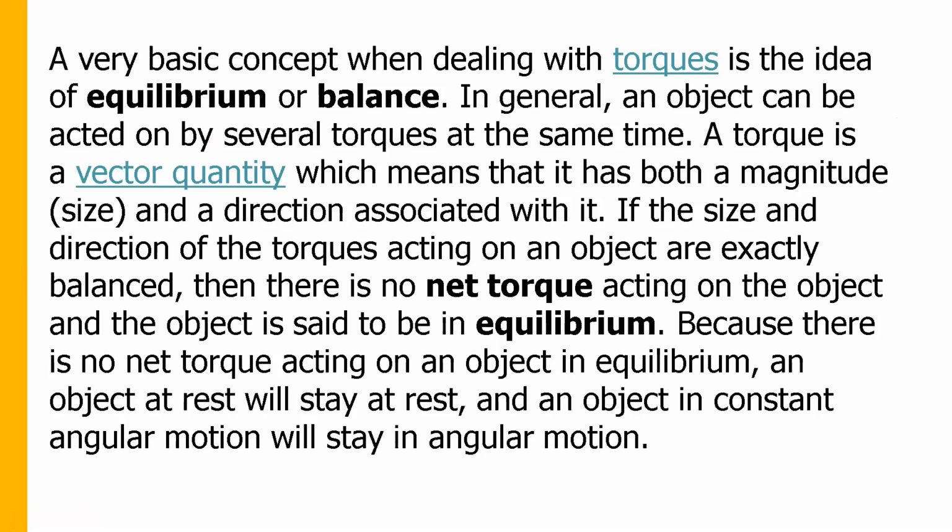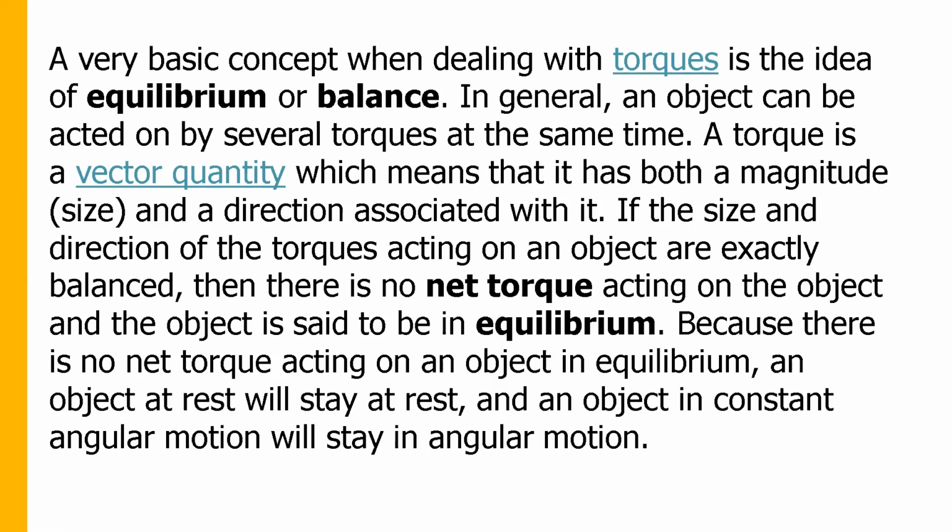If torques have the same direction, you have to change the amount of torque in order to balance them, or you can change the direction. To have equilibrium, or balance, the net torque is 0. When the net torque is 0, the object will stay at rest. It will not move.